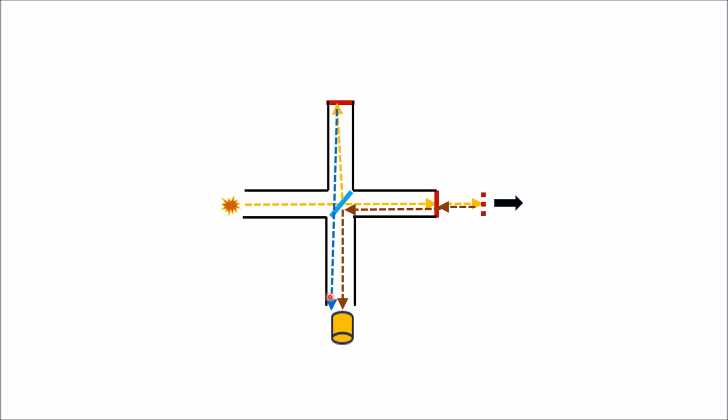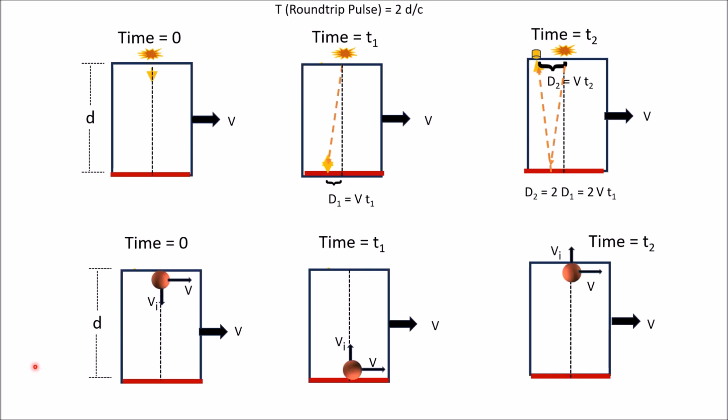But what actually happens in the vertical direction, because the apparatus is moving in this direction, the blue line is actually a depiction of the offset that would have occurred by the actual horizontal motion of the apparatus itself. So this is just to reiterate the difference between non-inertial and inertial motion.